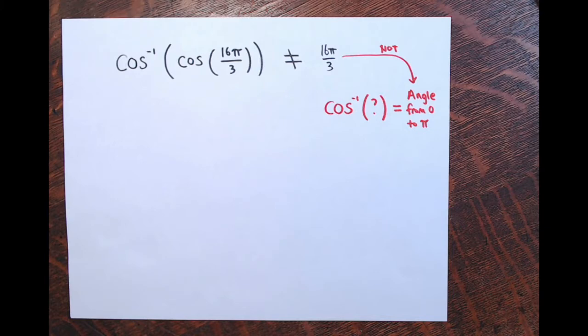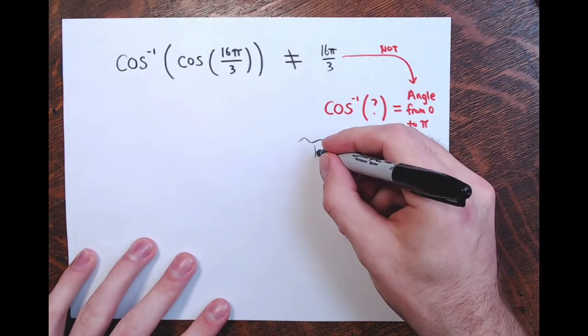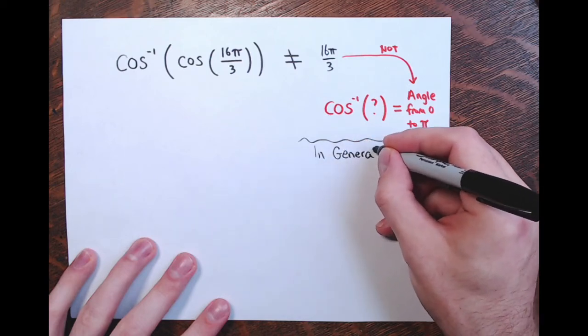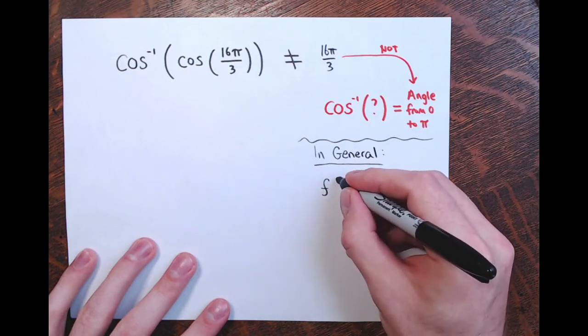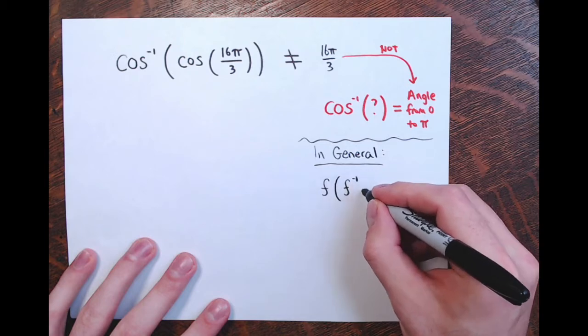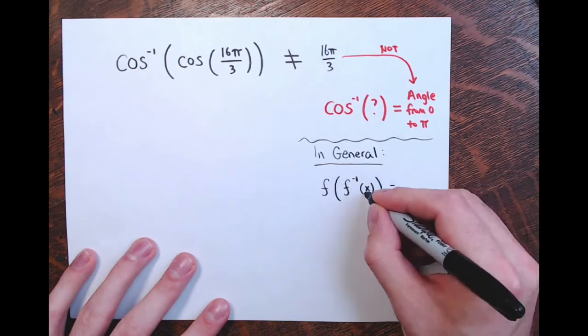Right, so let me write a more general rule here. In general, when you compose inverses, when you have f composed with f inverse or the other way around, as long as they're inverses, this will be equal to x.